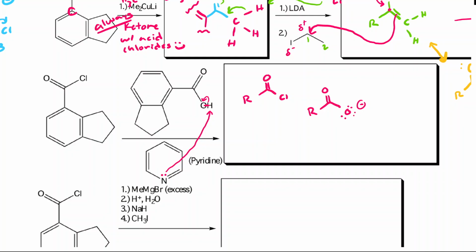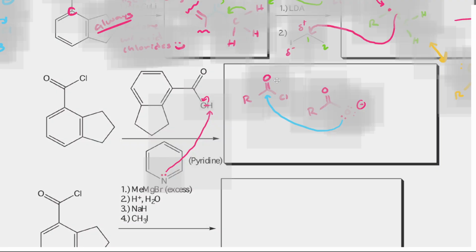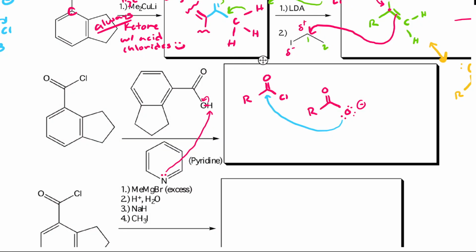And we can recognize that it's going to attack using one of its own pairs. It's going to attack this carbon here because, well, this carbonyl bond, the oxygen is slightly negative, but this carbon is slightly positive.